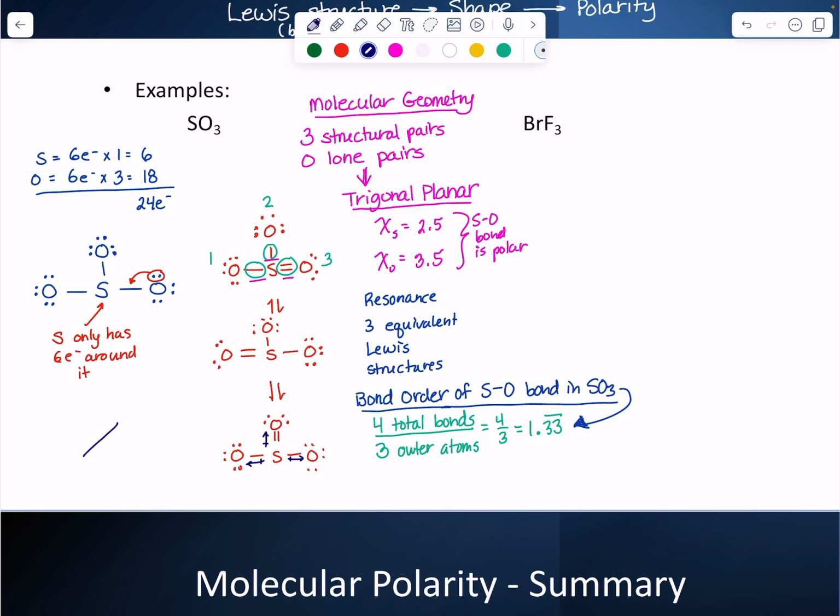But my molecule is actually a triangle, with the sulfur in the center and the oxygen atoms at the edges, and so the bond dipoles actually go in this direction. So this is one of those 3-way tug-of-war situations, where the bond dipoles all cancel out. And so the molecule is nonpolar.